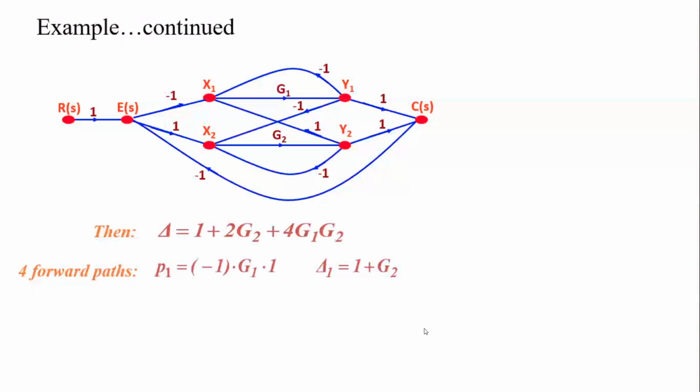Can you show the two non-touching loops again?